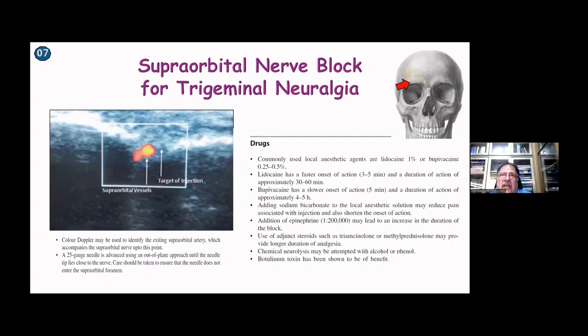They can be guided by imaging exams or freehand. The most commonly used drugs are lidocaine and bupivacaine, with or without addition of sodium bicarbonate, with or without vasoconstrictor, with or without corticosteroids.